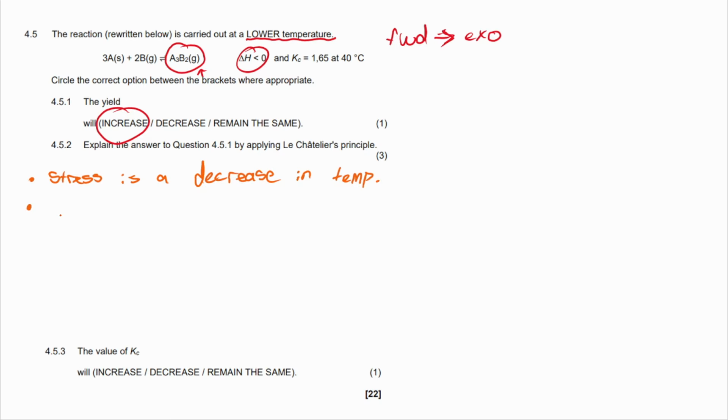All right, so we need to be saying how we're going to be counteracting the stress. Okay, so we should say therefore the system will want to increase temperature to relieve the stress.